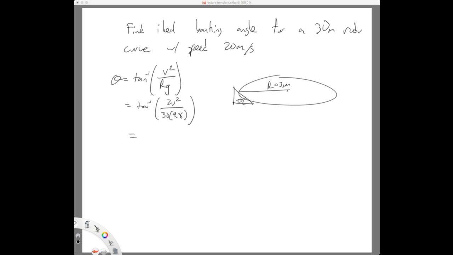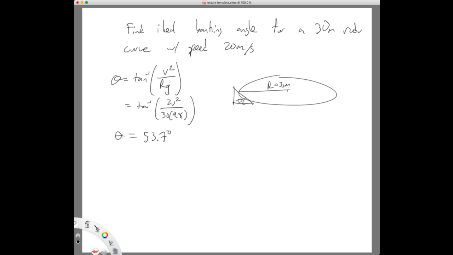Getting out the calculator, I get 53.7 degrees.